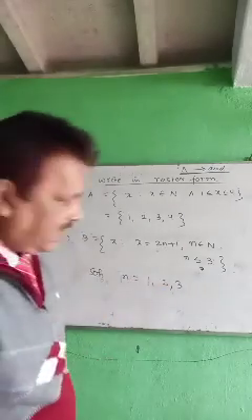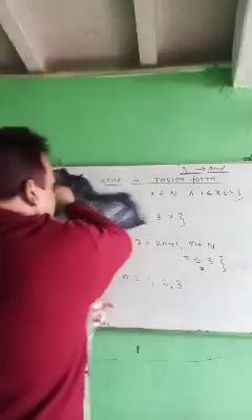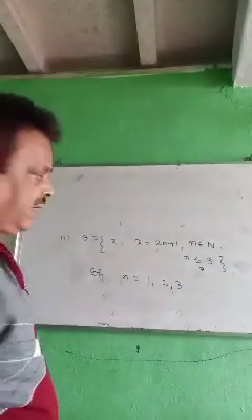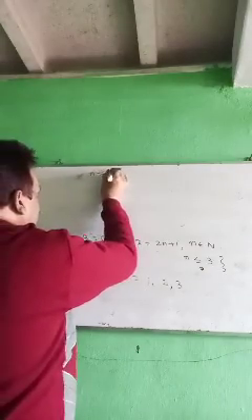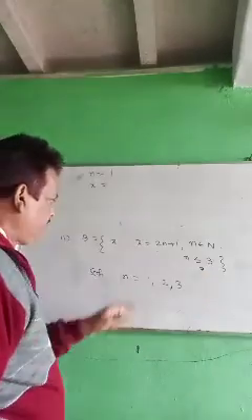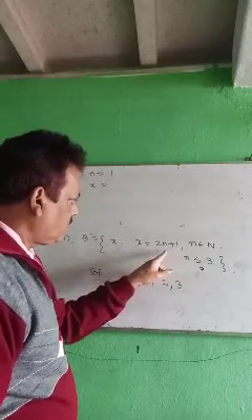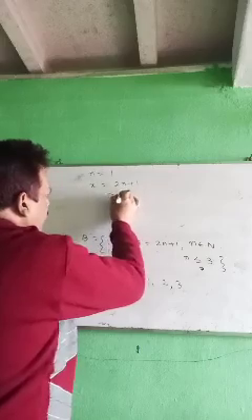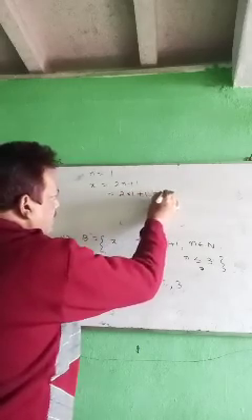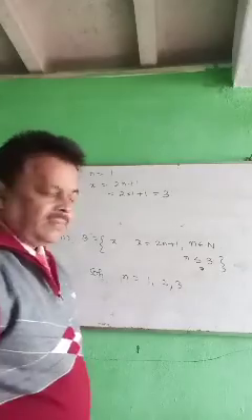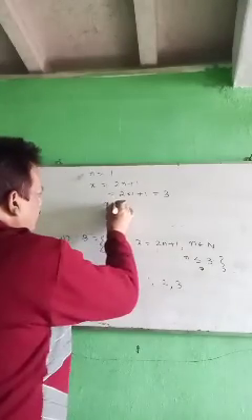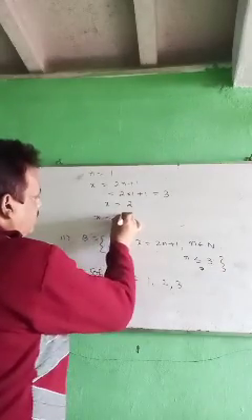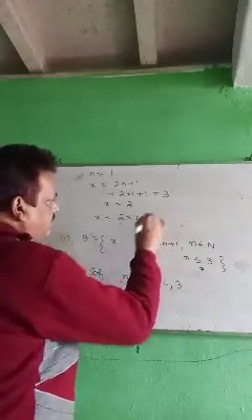So first, when you put n equals 1, what will be x? x will be 2 into 1 plus 1. 2n plus 1, that is 2 into 1 plus 1, that is 3. Then put n equals 2. The next number is 2. The x will be 2 into 2 plus 1.